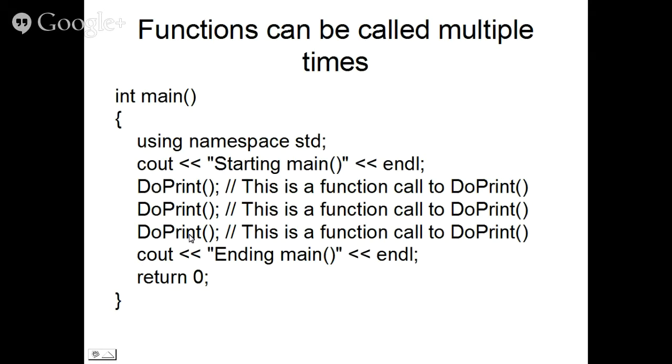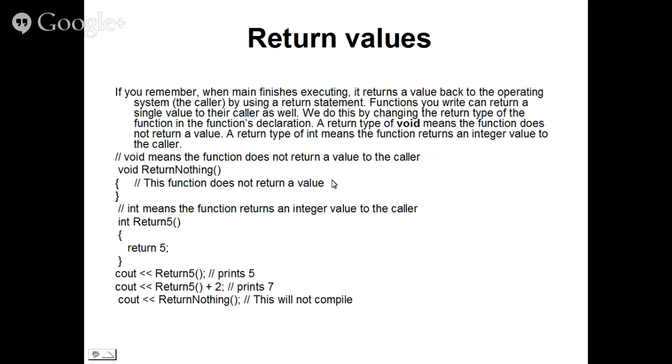Now coming back to return values. If you remember, when main finishes executing, it returns a value back to the operating system by using a return statement. So you generally see whenever we write main, in the end we have return 0. What is this return ideally?